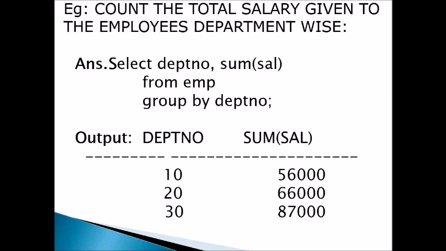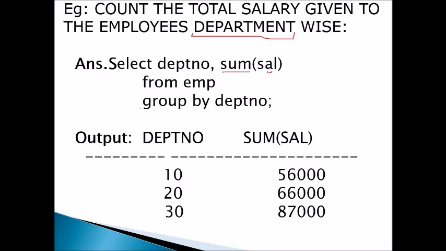Count the total salary given to the employees department wise. Whenever you have to display anything on the basis of the values of a given column, group by is required. Total salary means the sum function will be used. This is the aggregate function.